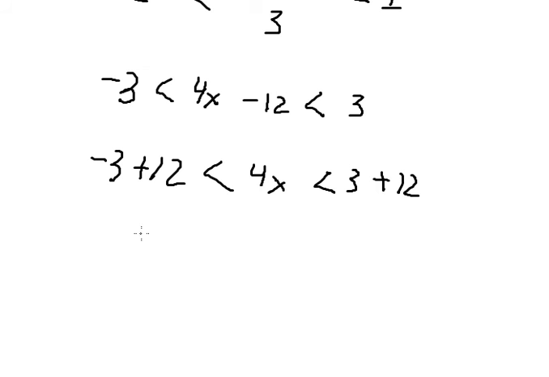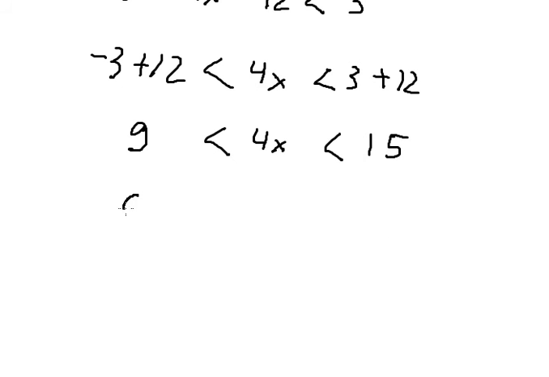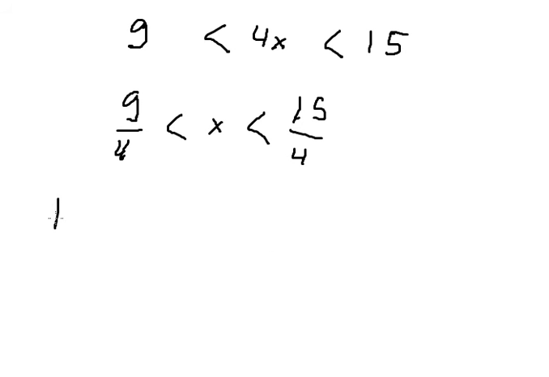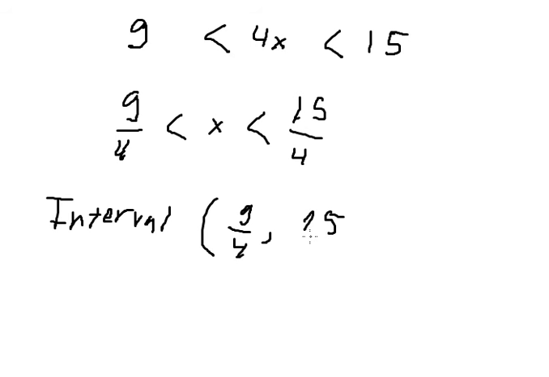This one you get 9. This one you get 15. Later we divide both sides by 4. So the interval in here should be from 9 over 4 to 15 over 4.